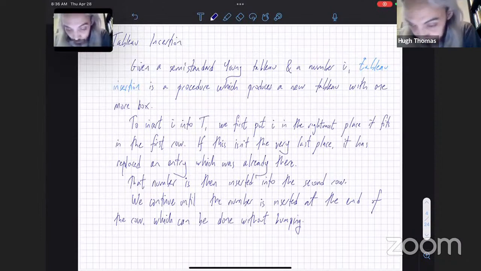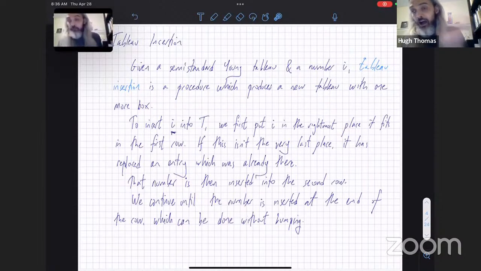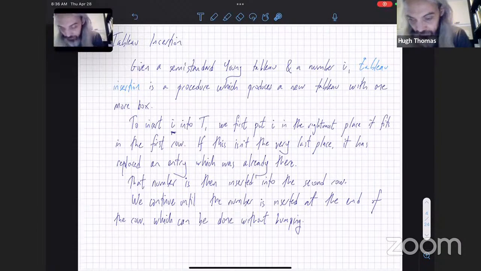So to insert an i into a tableau T, we begin by looking at the top row, and we put i in at the reasonable place in T, and it turns out that the reasonable place is the rightmost place that it fits in that first row.